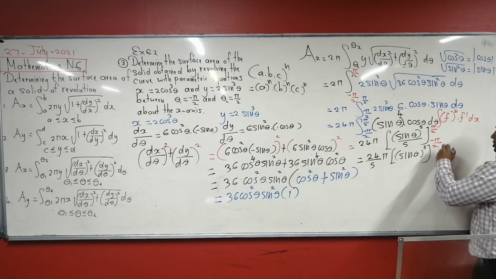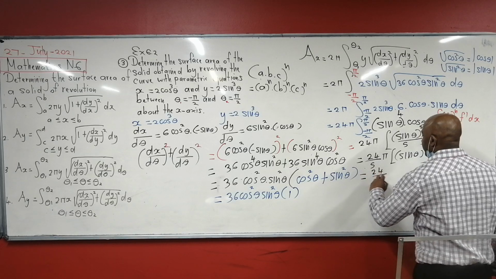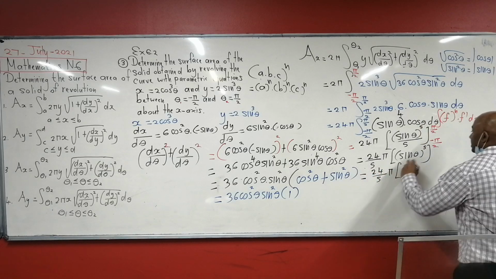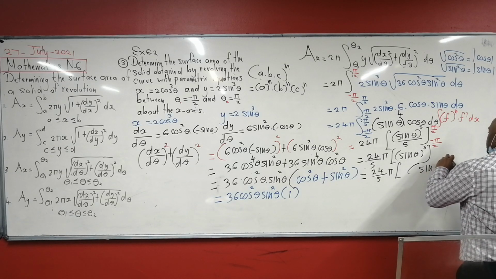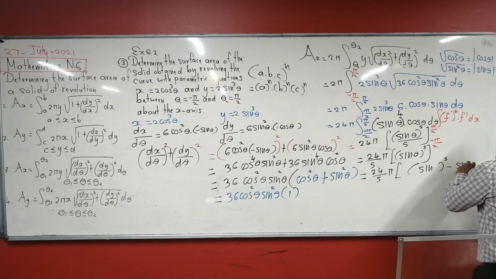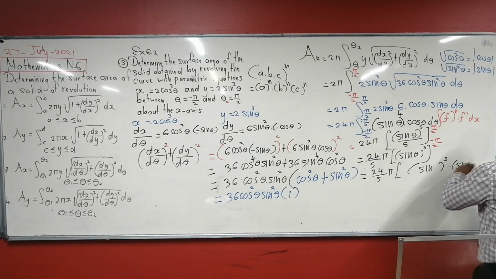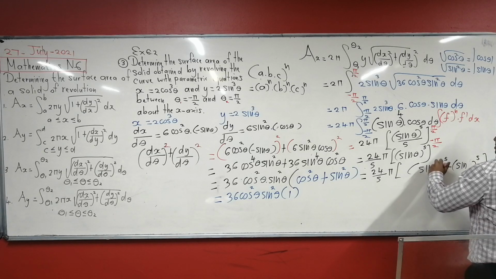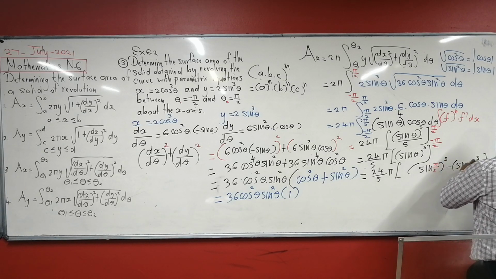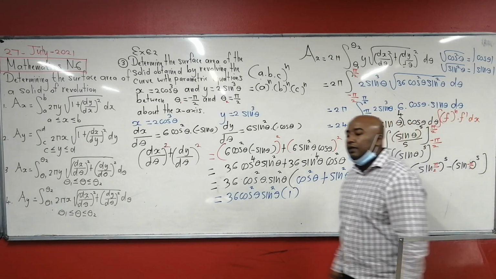So I need to substitute now. So that's 24 over 5 pi. This is going to be sine of pi over 2 to the power 5 minus sine of minus pi over 2 to the power 5. So I'm substituting pi over 2 and minus pi over 2.